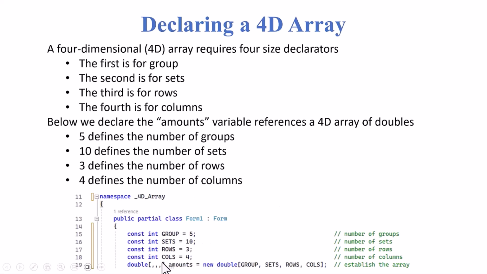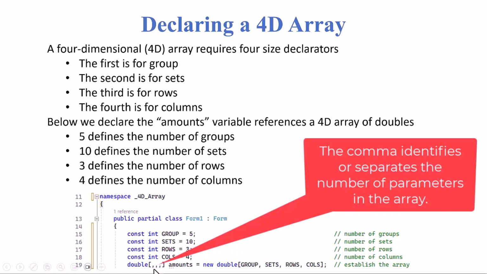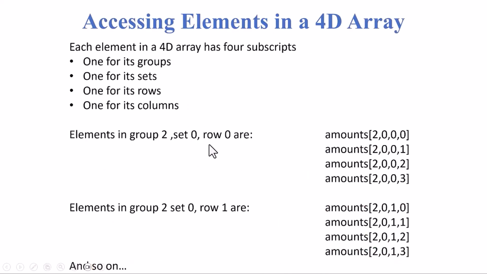It works this way. And now notice this important piece right here is the 3 commas down here. This tells us that we're going to have 3 commas, or 4 indices, in our amounts array that we're setting up as a new double: group, sets, rows, columns, all being identified here. Again, we can use the numbers rather than this, and that sets it up. Each element of the 4D array has 4 subscripts, one for group, sets, rows, and columns.